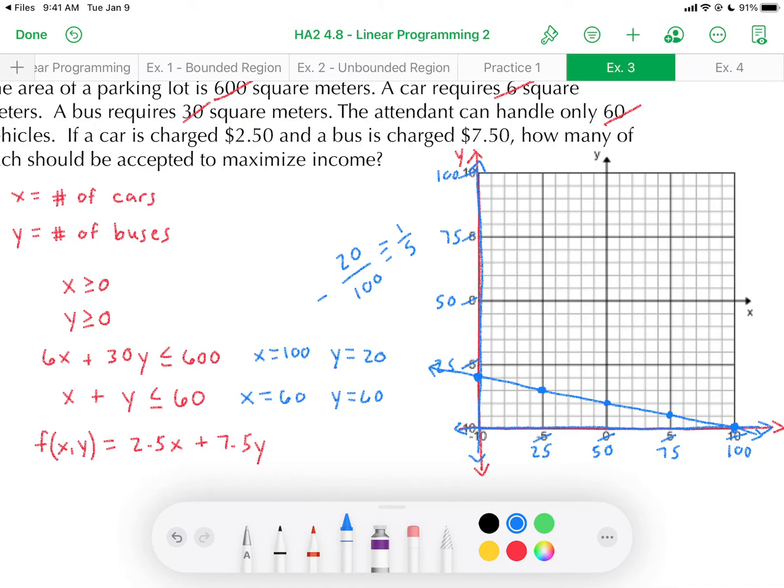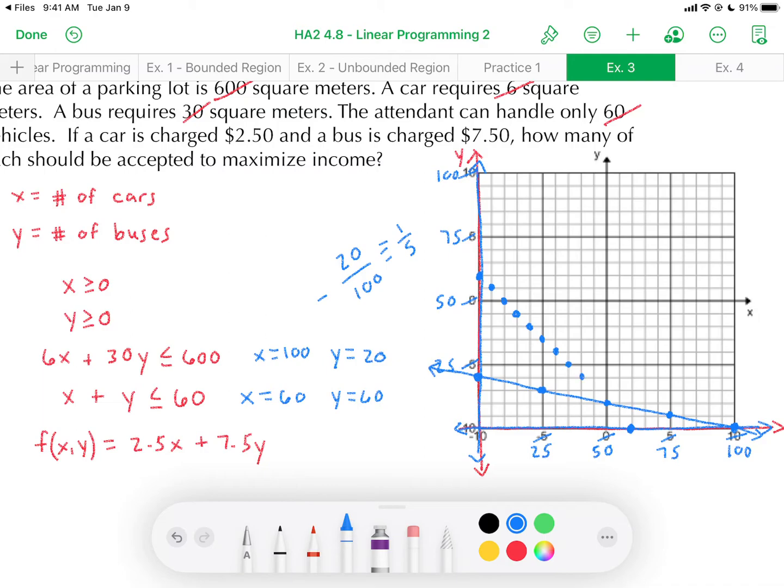Let's plot those. So right here and right here. And the slope there would be what? Simplified slope for that one. -1.